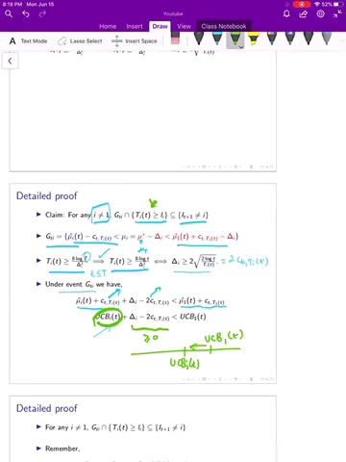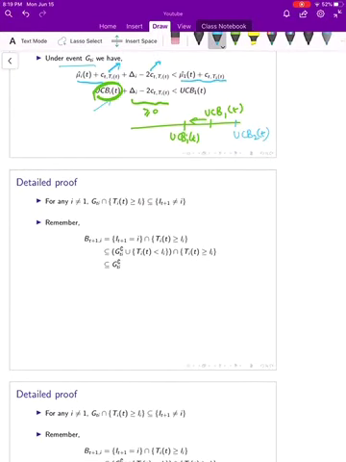So the algorithm will not pick it. There might be some other arms here which can lie here, but this arm i which we have considered in this claim will not be picked, and that is this event. So we have proved this.